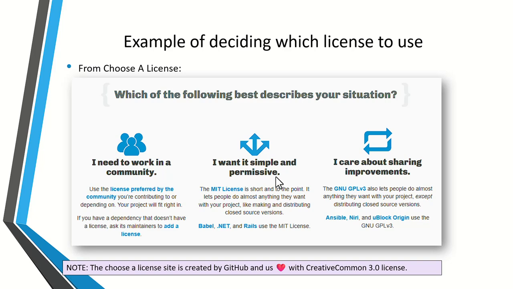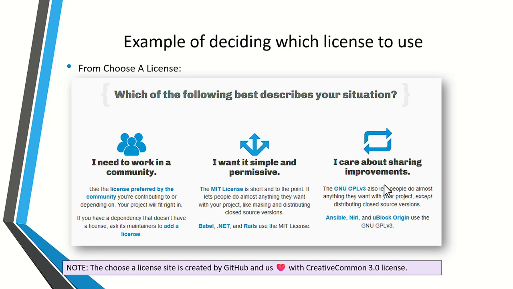So this is why it gives an example. For example, GNU GPL version 3 lets people do almost anything you want, including you're okay to update or modify, except distributing closed source versions. Meaning that any kinds of modification that use this kind of license, you have to distribute it as part of the open source.